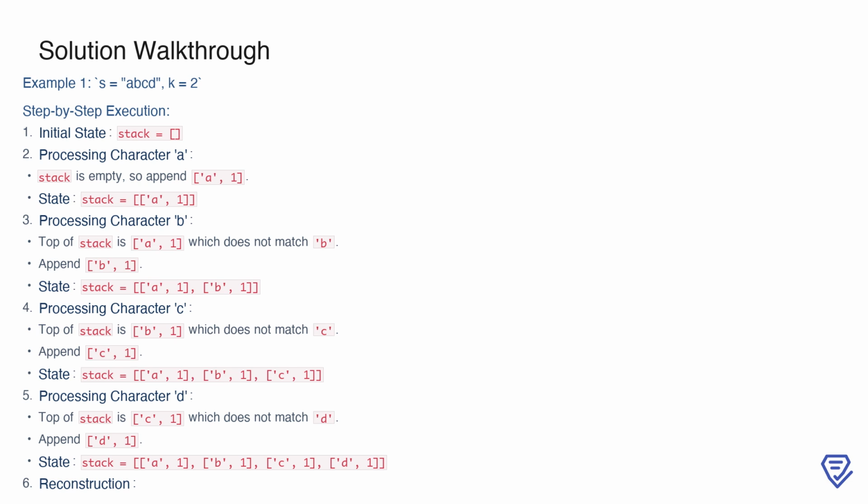Next, we encounter C. Again, the top of the stack does not match C, so C1 is appended. Finally, we process D. Since D doesn't match the top of the stack, we append D1. At this point, the stack contains A1, B1, C1, D1, which means no adjacent duplicates were found that need removal.